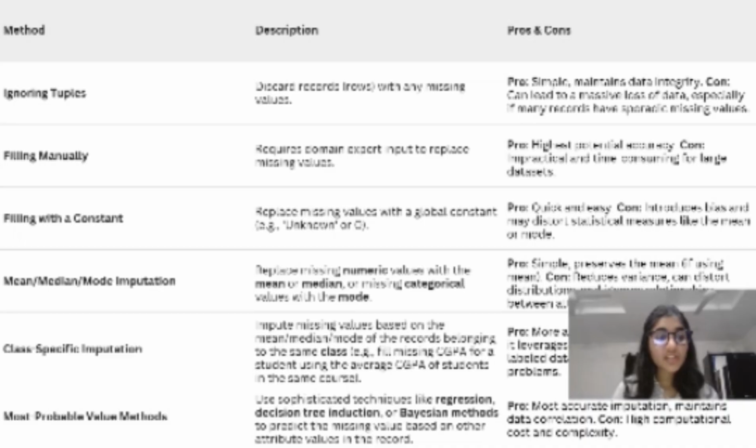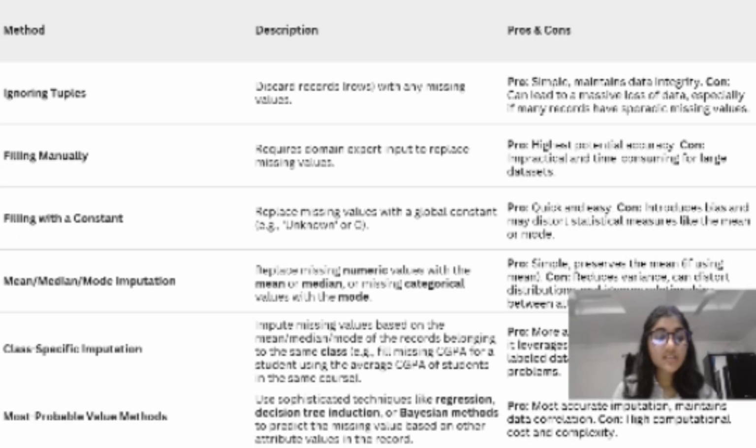Then the fifth method is class specific imputation. Its description is to impute missing values based on the mean, median, or mode of the records belonging to the same class. Pros are that it is more accurate than global imputation as it leverages class information, and cons are that it requires labeled data and is complex for multi-class problems.